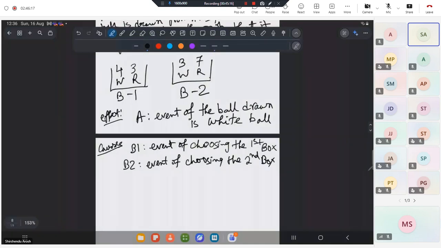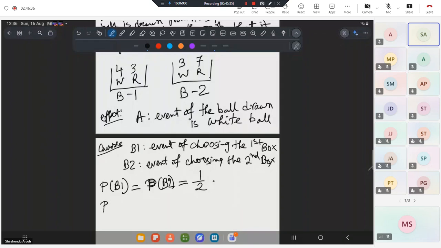So let's find out what the probabilities are here. The event of choosing the first box or choosing the second box would be the same, always half.